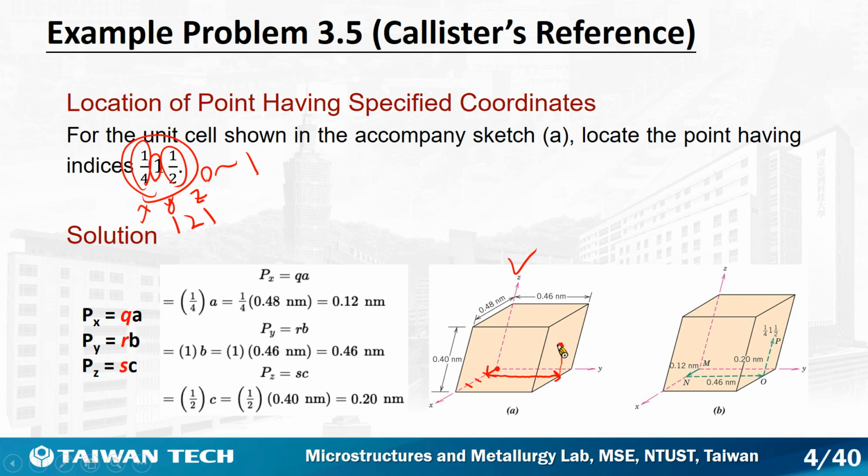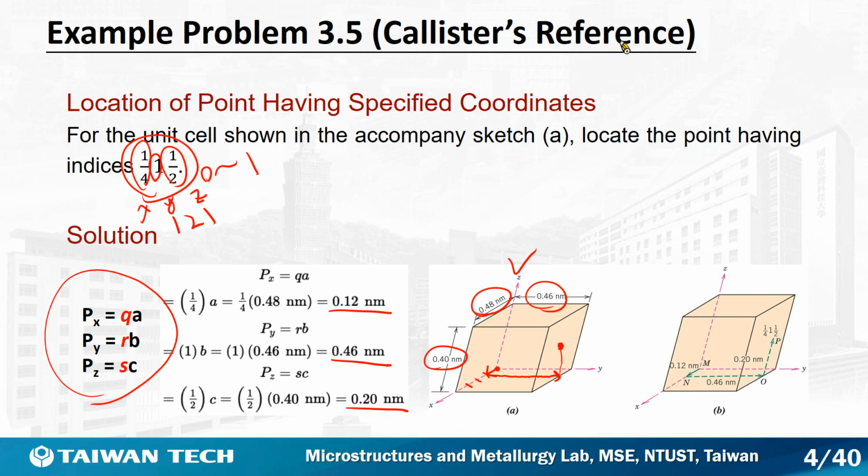And you can also use these equations, because a, b, c may not be 1, right? So a is 0.48, b is 0.46, and c is 0.40. If you use this equation, you can get the exact point.